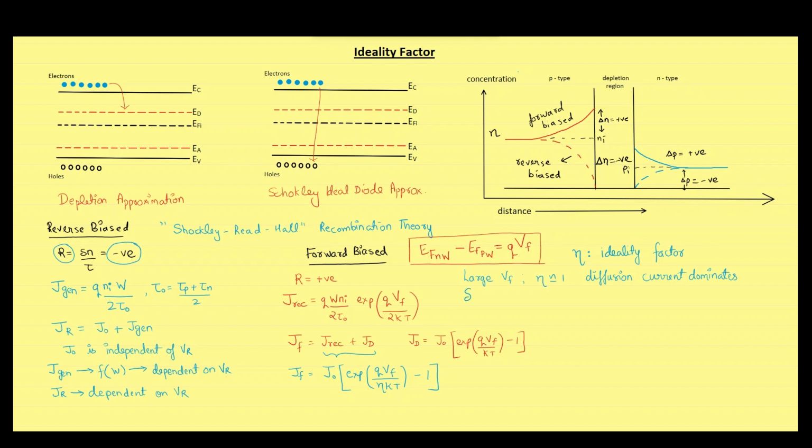And for low forward bias voltage, the ideality factor is approximately equal to 2, as recombination current dominates in such cases. So, the value of N varies from 1 to 2 and it depends on the voltage applied as well as the semiconductor material. Since there is no clear boundary above which current level or voltage level is high enough to use 1 as ideality factor, the ideality factor is generally provided in the question.